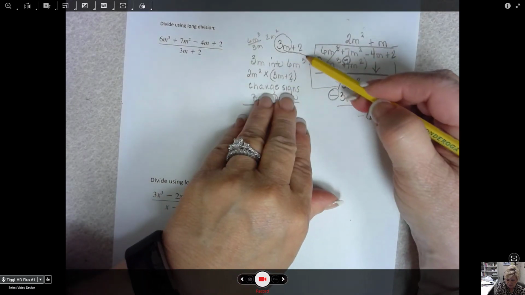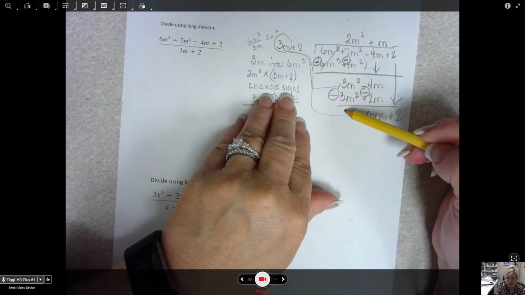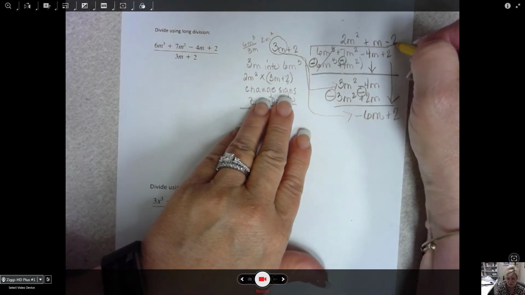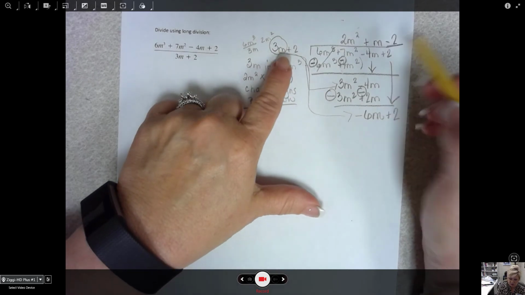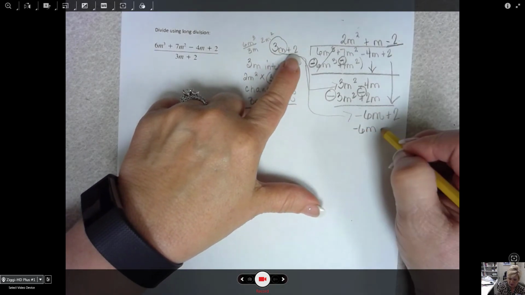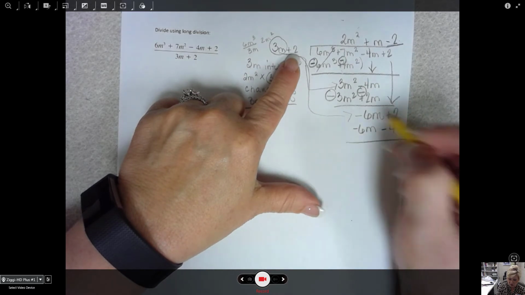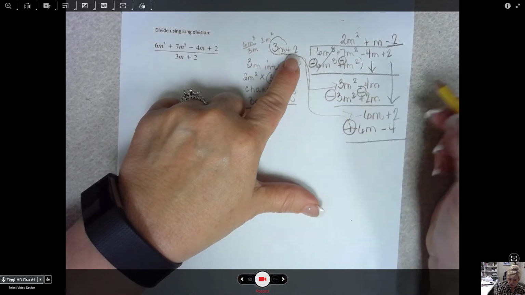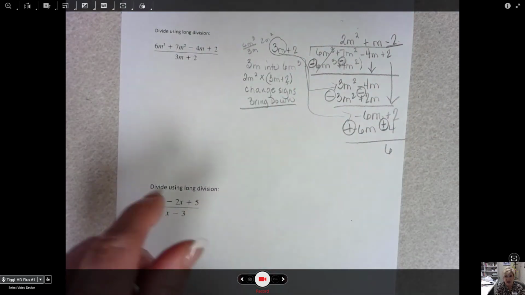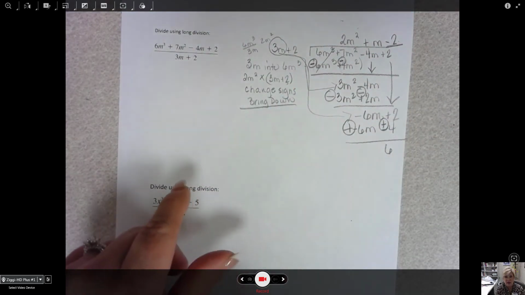And then start over. 3m into negative 6m. Just negative 2. Negative 2 times 3m. Negative 2 times positive 2 would be a negative 4. Change signs. And your remainder is 6. And you're done. There's nothing else left to bring down.